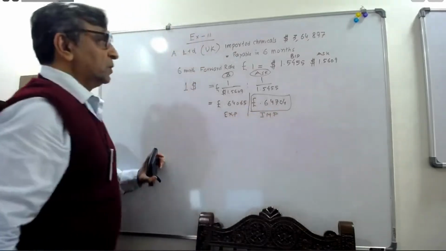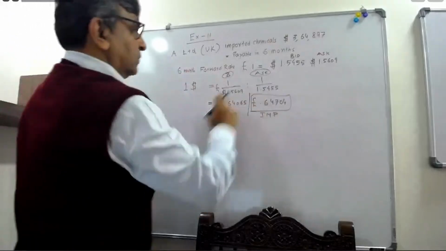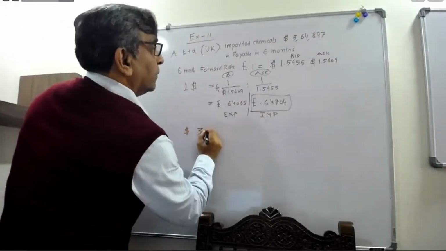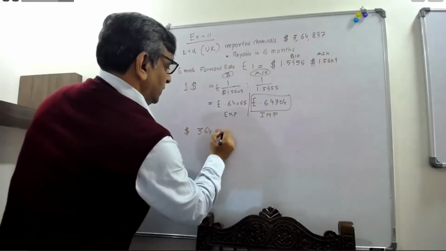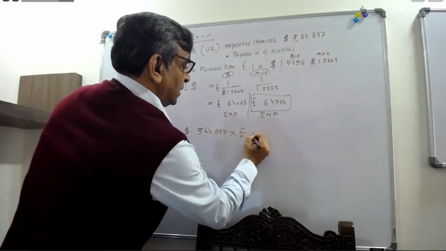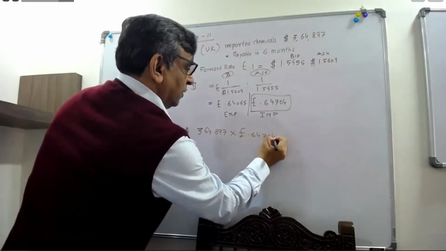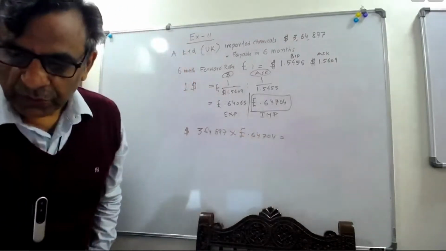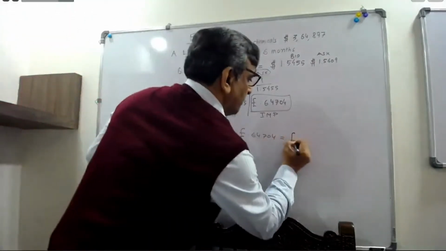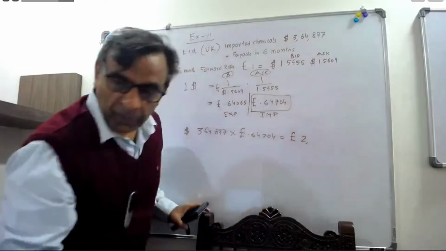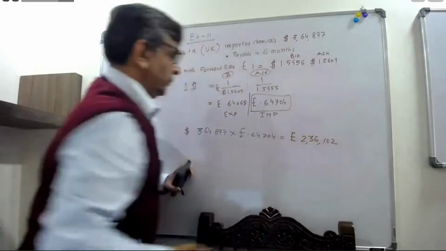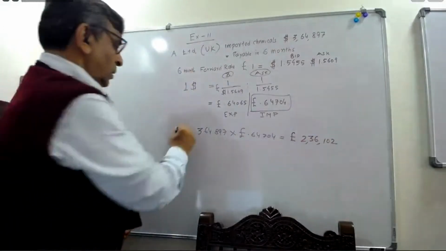So you have imported, so this rate is applicable. $3,64,897 multiplied by £0.64704 will give you the answer in pounds, which will be £2,36,102. So this will be your answer.